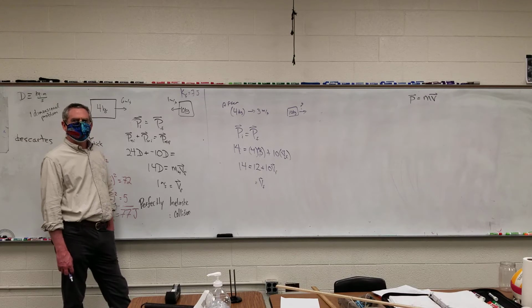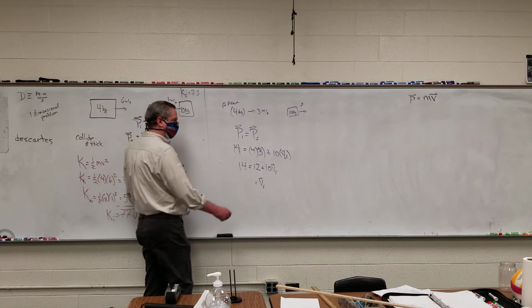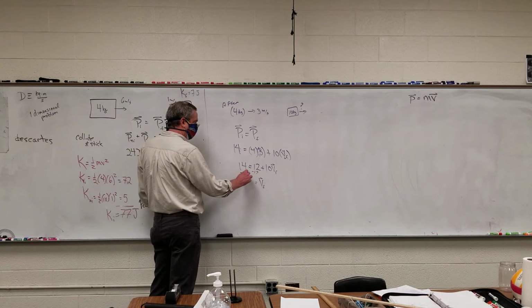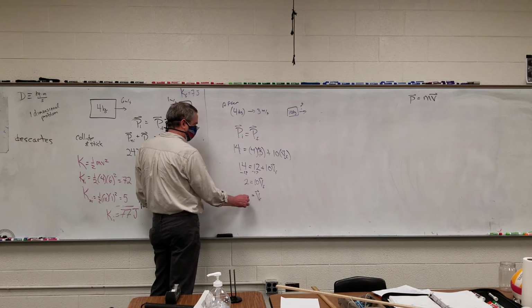It's slightly neglected something there. 0.2. Thank you, 0.2. Subtract 12 from both sides, and you end up with 2 is equal to 10 times VF. So VF is 0.2 meters per second.